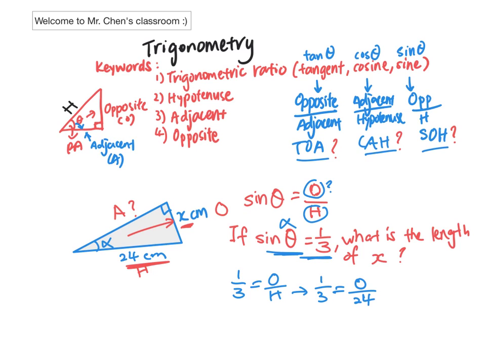From there, we know that 1/3 is equal to opposite divided by 24. We need to get rid of the divided by 24 by multiplying by 24, and we have to do it on both sides.